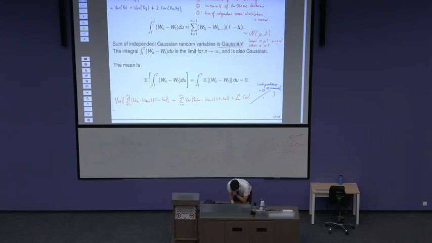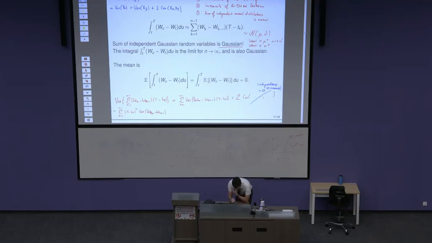And now, still a sum from 1 to n minus 1. And here the T minus t_k, I can write in front of the variance. So I get T minus t_k squared times the variance of W_{t_k} minus W_{t_{k-1}}.